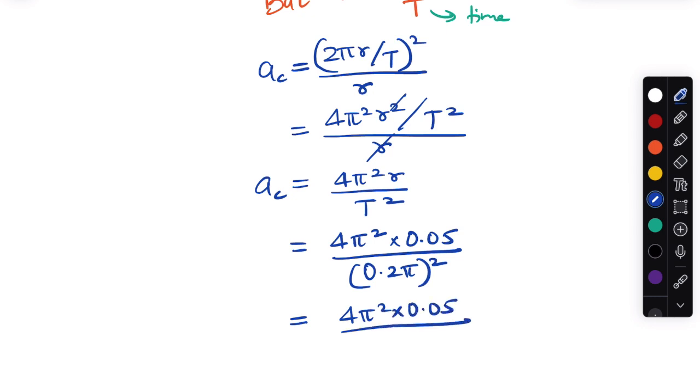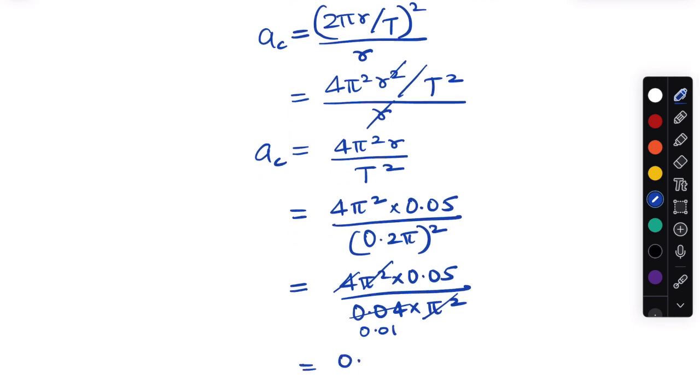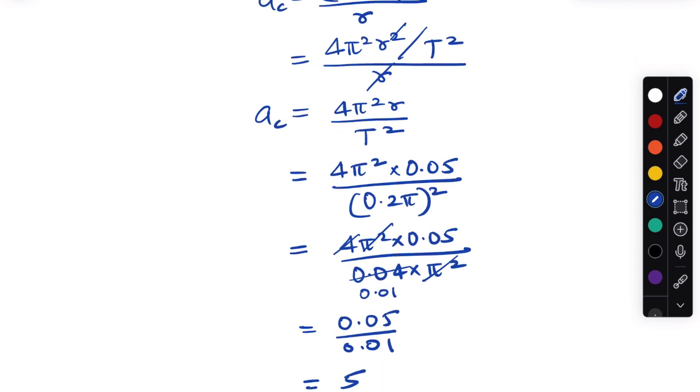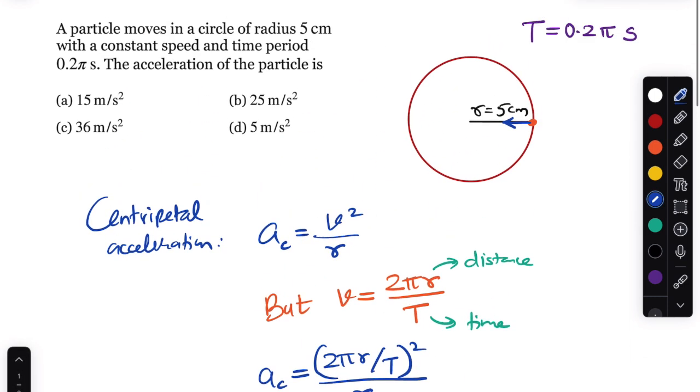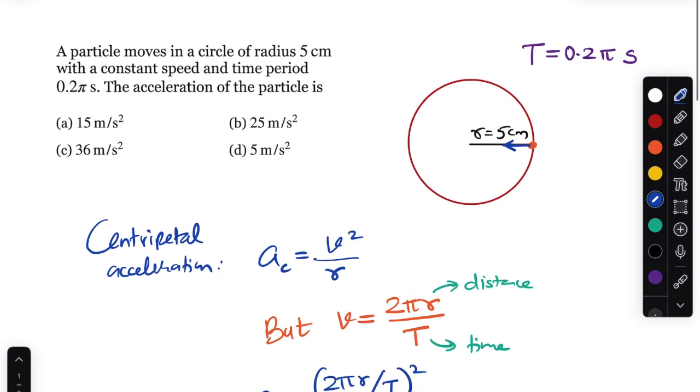Simplifying this a bit more, we get 4 pi squared times 0.05 divided by 0.04 times pi squared. So cancelling a few things here, we end up with 0.05 divided by 0.01, which is basically 5. So 5 meters per second squared is the acceleration of the particle. And we have found what the acceleration is.